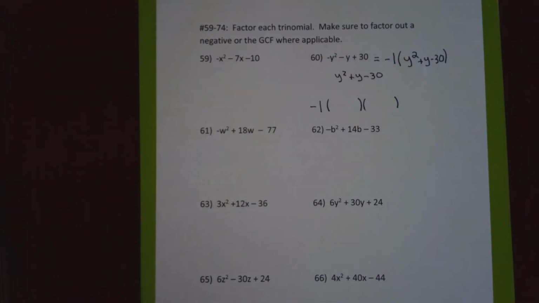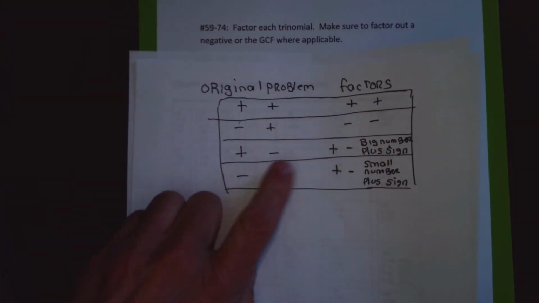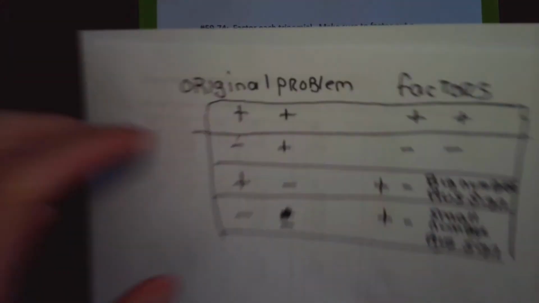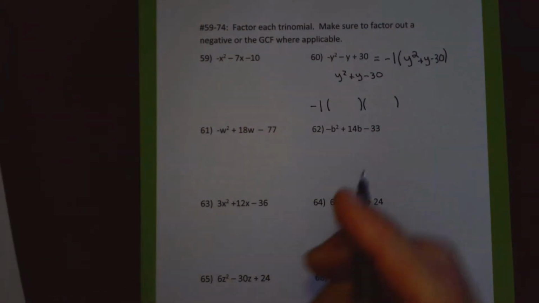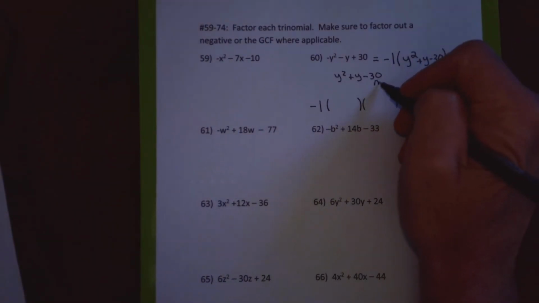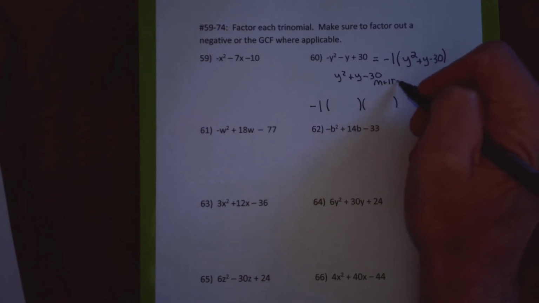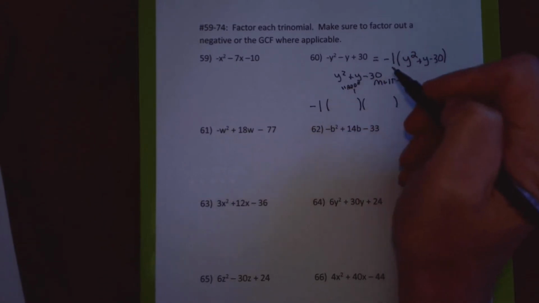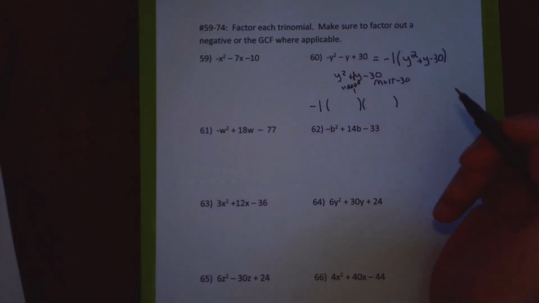And there is the third row of my template. So I need a plus and a minus, big number plus, small number minus. So I'm going to need the plus minus numbers that multiply to -30, that add, but that adding is really subtracting, to 1, which is a number that's implied in front of that y.